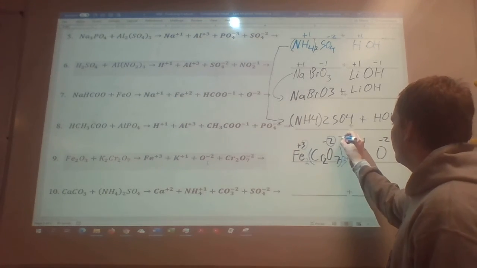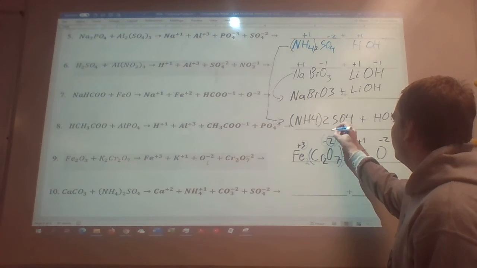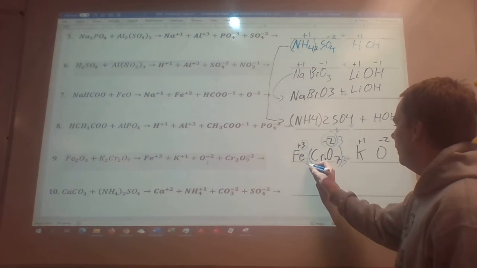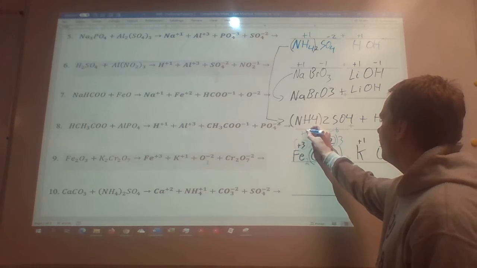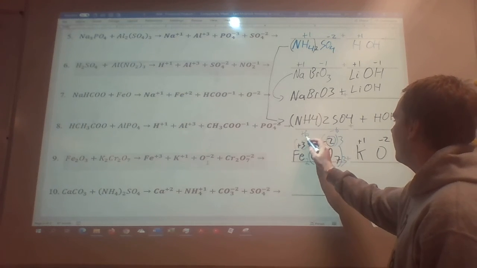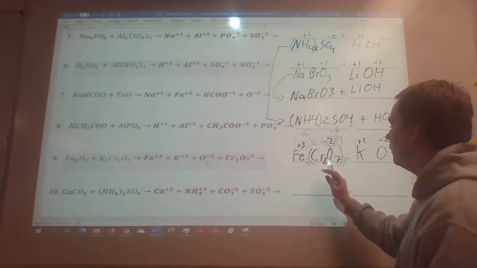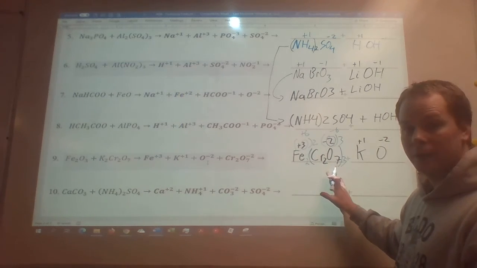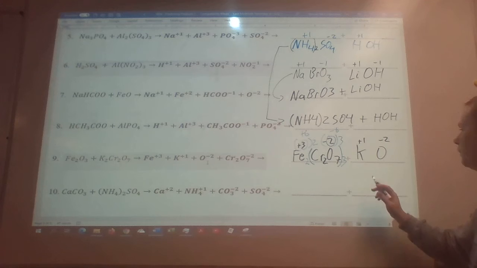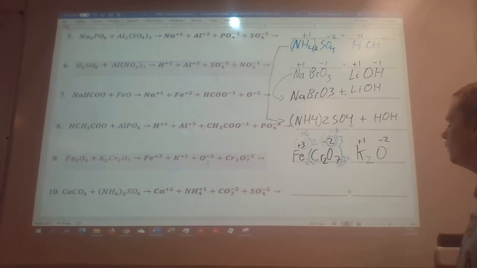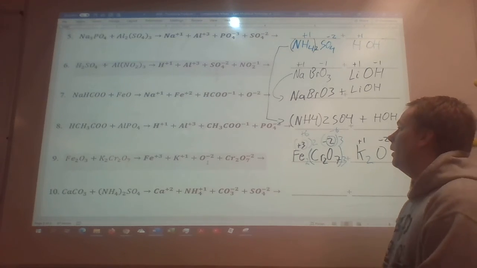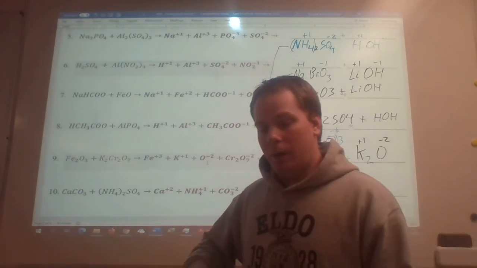So that gives us 3 times -2, which is -6, and 2 times +3, which is +6. And +6 and -6 cancel, so this is charge balanced. The other one, K is +1, O is -2, so we need a 2 here. And that's pretty much it.